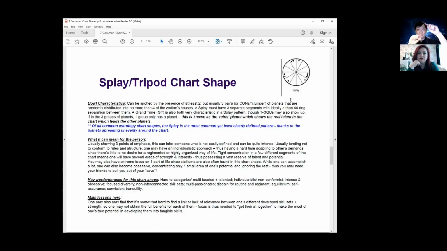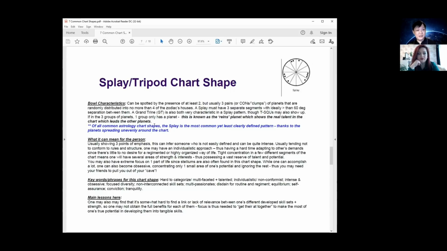And if among the 3 groups, one of the groups is only a single planet, this can tell me what the real talent of that person is, because that single planet will lead the other planets, so to speak.